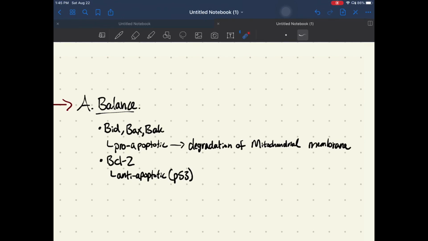If you have your BID-BAX at a higher concentration inside of the cell than your BCL2, then you're going to have apoptosis. And if you have a higher concentration of p53 or your BCL2 proteins, then you're going to survive.